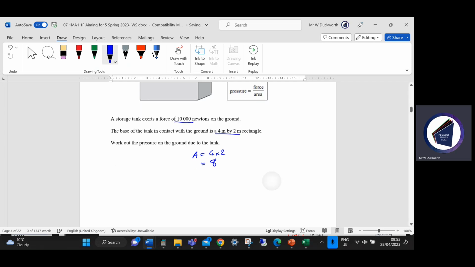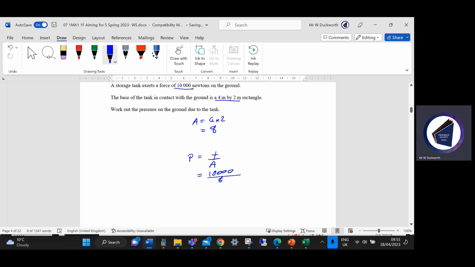And we want the pressure. Pressure is equal to force divided by area, which is going to be 10,000 divided by 8. I'm going to cancel that down by 4s. 4 goes into both of those numbers. 4 goes into 10,000 2,500 times, and into 8 twice.